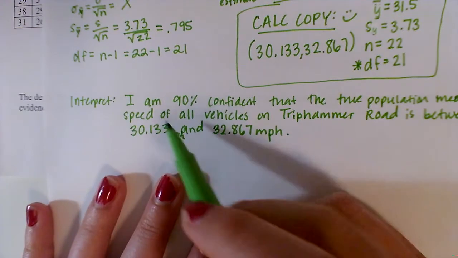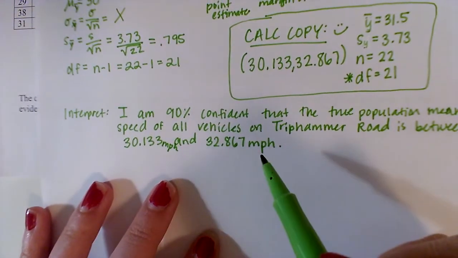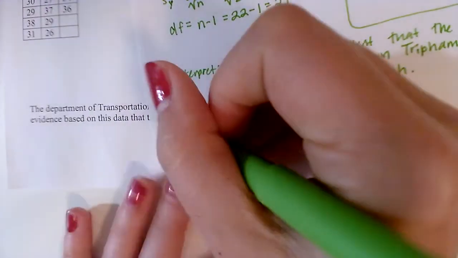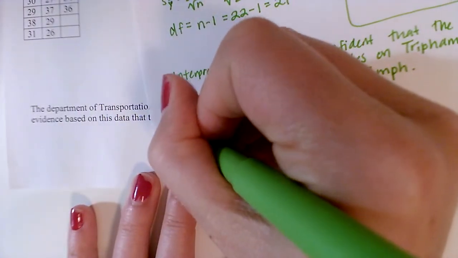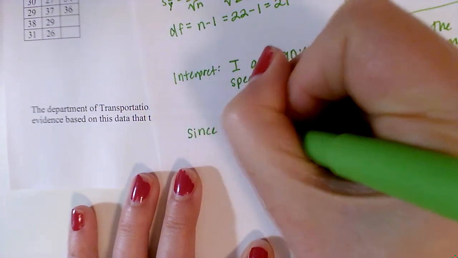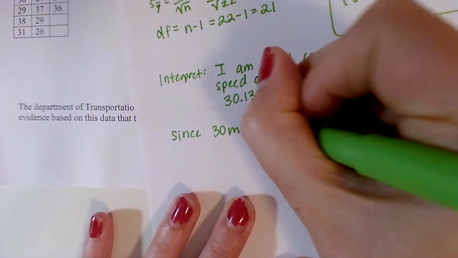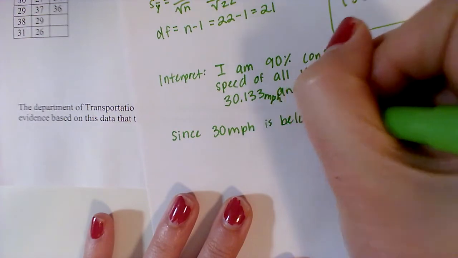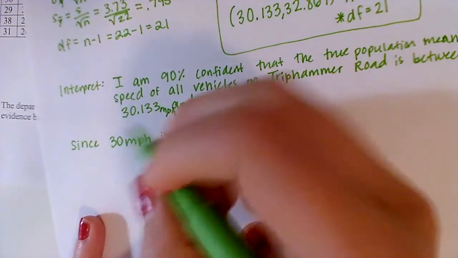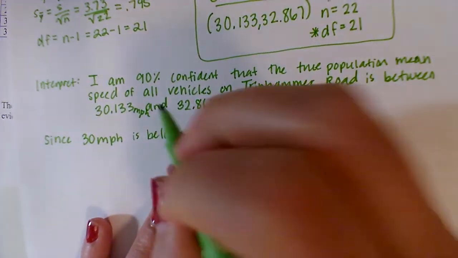Okay, well, here's my question. Is 30 in here? So to answer the question: since 30 miles per hour is not in my interval, it's below my interval. I always compare the number they give me to the interval that I find.